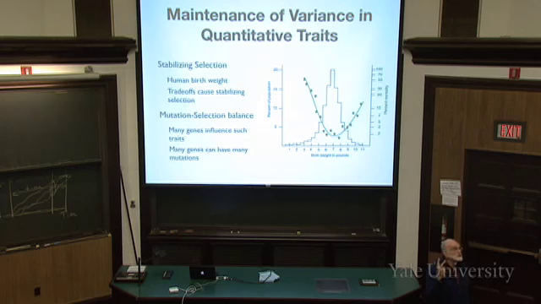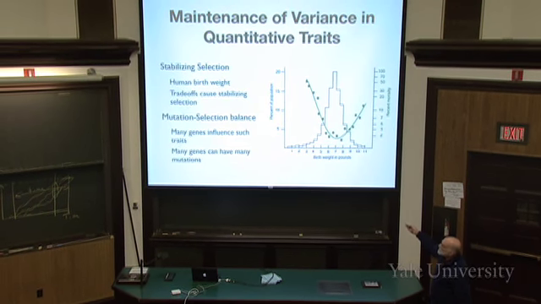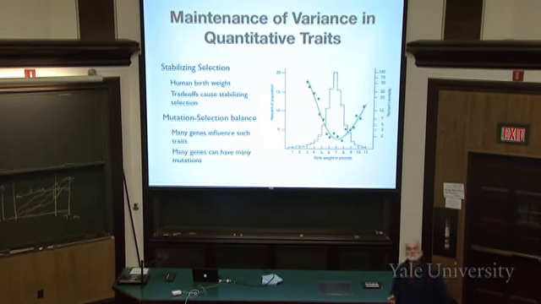And there are really 2 answers to that. One is that there are evolutionary conflicts of interest between mother and infant and father and mother over how much should be invested in infant. And these lead to some variation. And there's mutation selection balance. So that this is a trait which is probably determined by hundreds of genes.